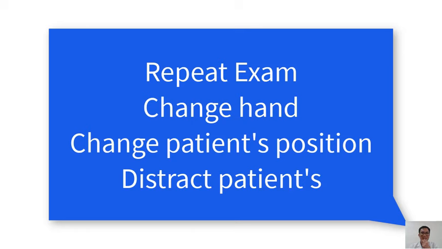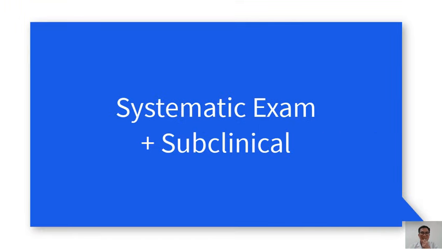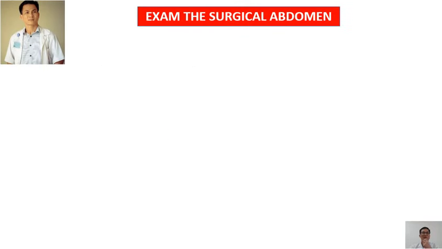Additionally, use paraclinical measures and conduct a systematic examination along with assessing other organs as needed to get a comprehensive diagnosis. Now, let's move on to the 4 essential skills of surgical abdominal examination.